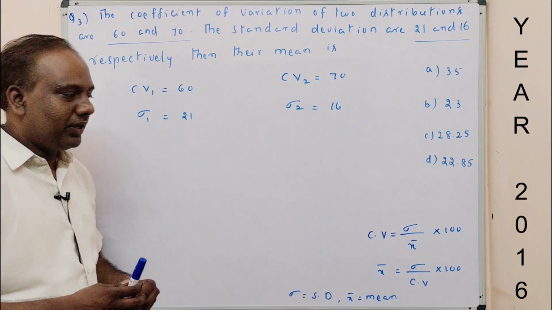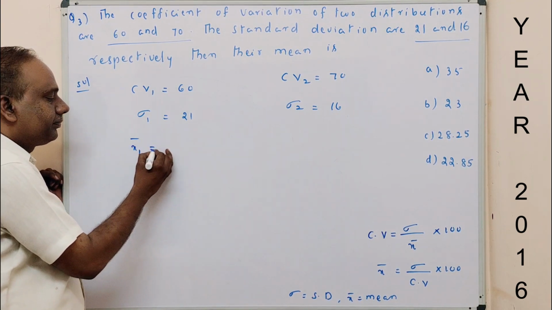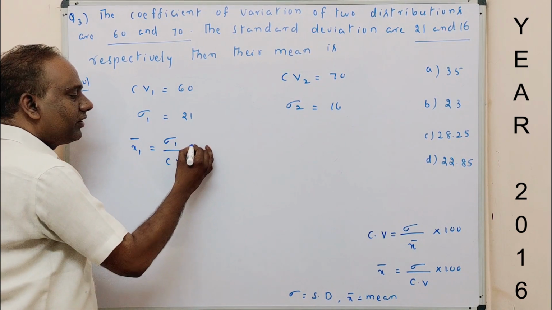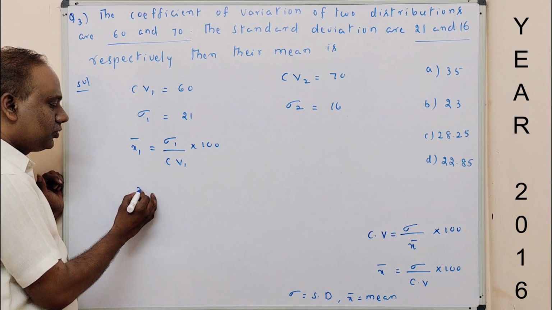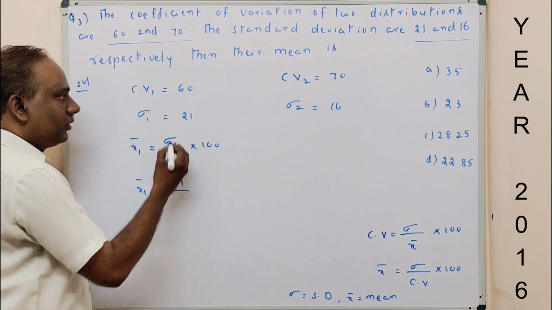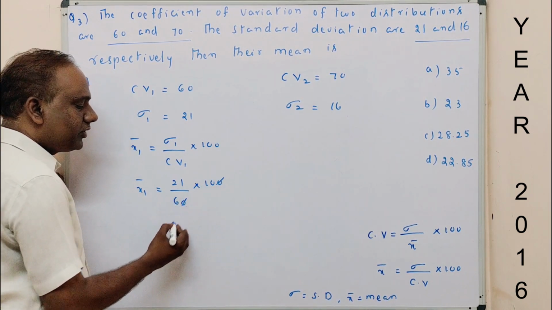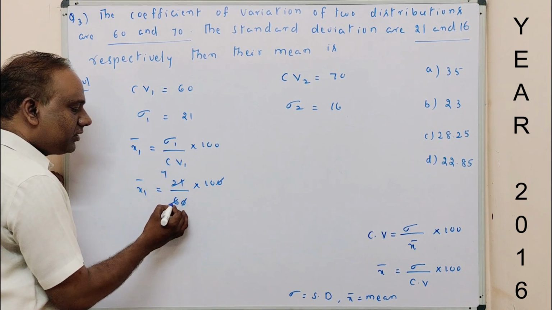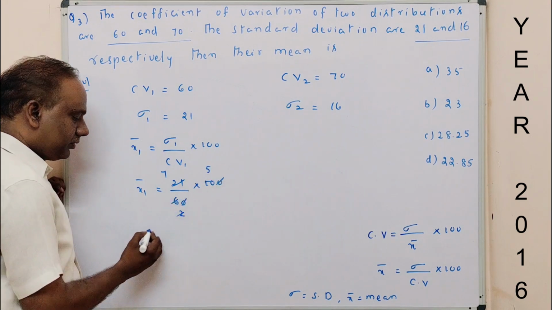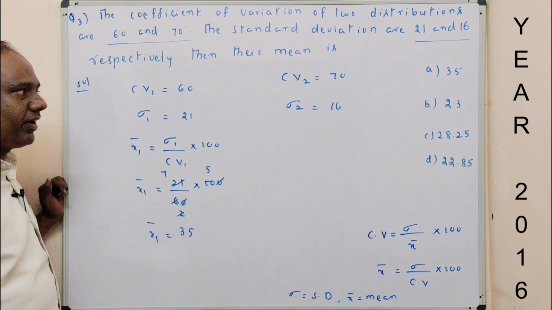So x1 bar is equal to sigma 1 by CV1 into 100. So x1 bar equals sigma 1, which is 21, by 60 into 100. Here 0 and 0 cancel. 3 7s are 21 and 3 2s are 6, 2 1s are 2 and 2 5s are 10. So x1 bar is equal to 7 5s are 35.